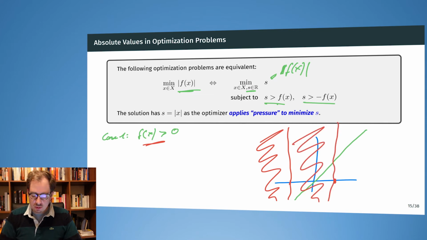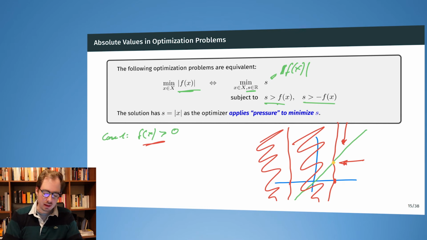And this area, we are also excluding it by the inequality constraint. And we know then that s will sit exactly here at the place where the constraint begins, because we have a force to minimize s, and this is like pushing the solution into the inequality constraint.